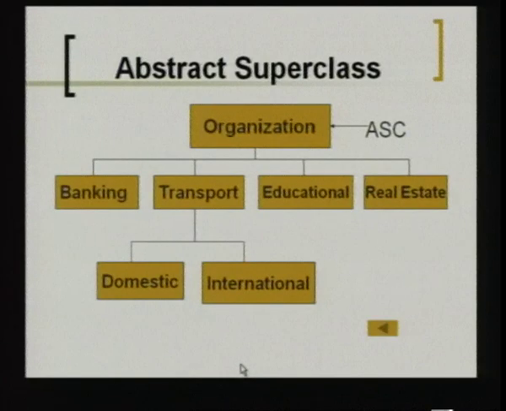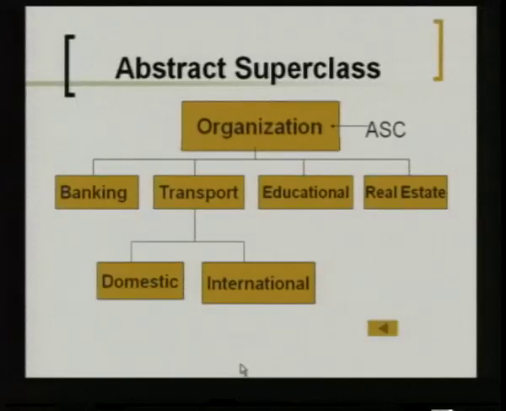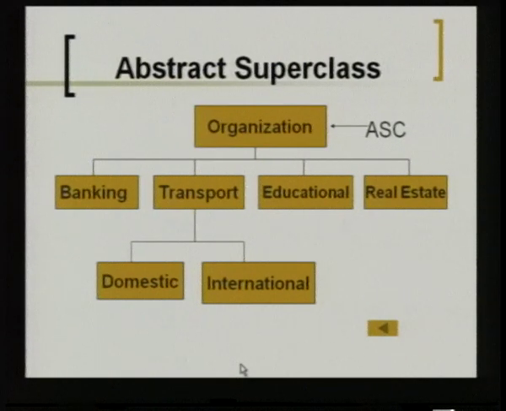In inheritance, you have something called an abstract superclass, like an abstract data type. An abstract superclass just tells you the name of all the objects that are inheriting from it. It will not explicitly give an explanation of any data or method. For example, in this case, this organization is called an abstract superclass, ASC.